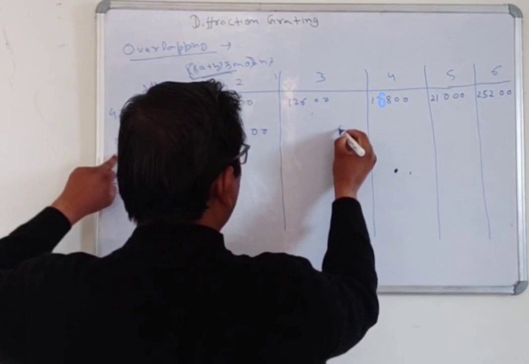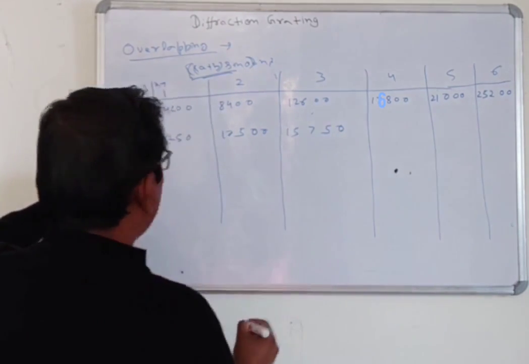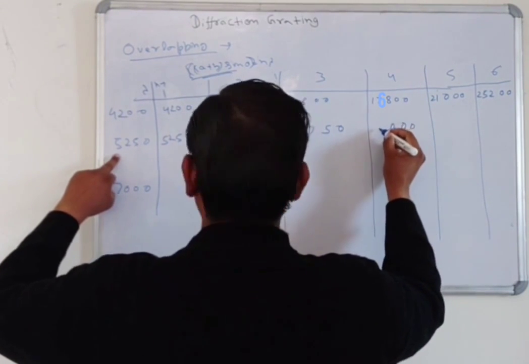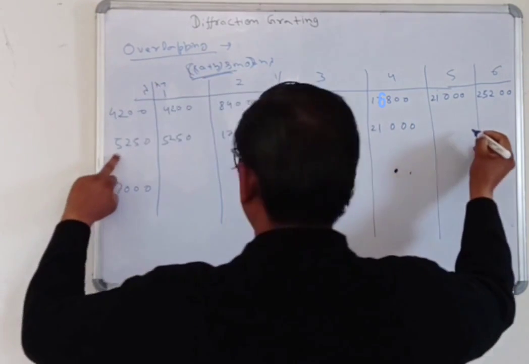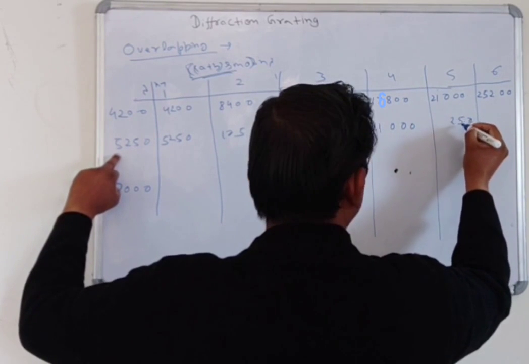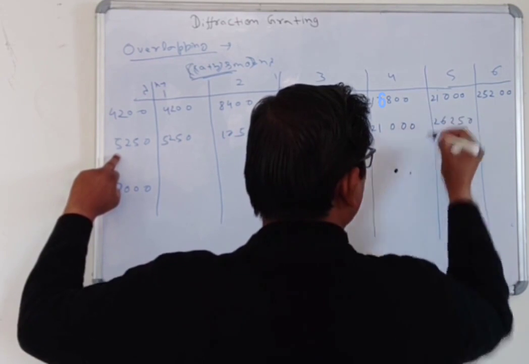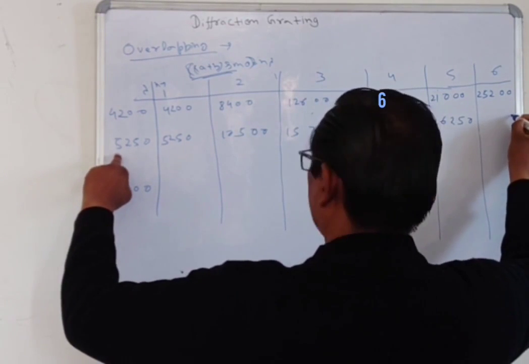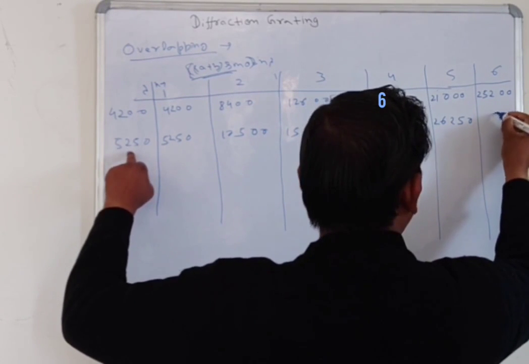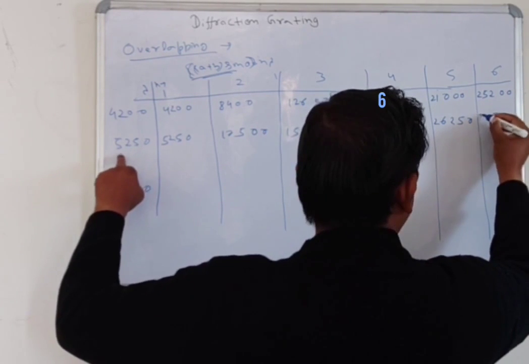N is equal to 3, 0, 0, like that, and n is equal to 4, 0, like that, and n is equal to 5, 0, like that, and n is equal to 6, 0, 5 and 31.